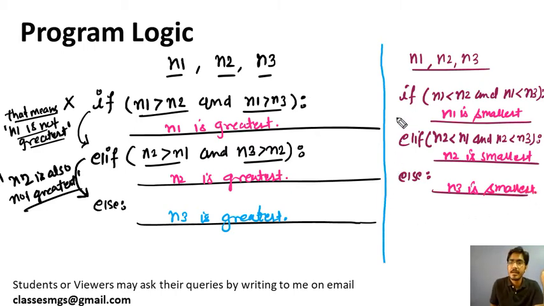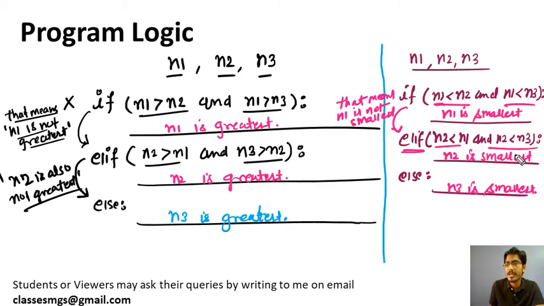This is how it works. If n1 is the smallest, then this condition will be true and we will go there. If we are coming to this else if, that means n1 is not smallest. If you are coming in this else block, that means n1 is not smallest. Now we will check whether n2 is smallest.